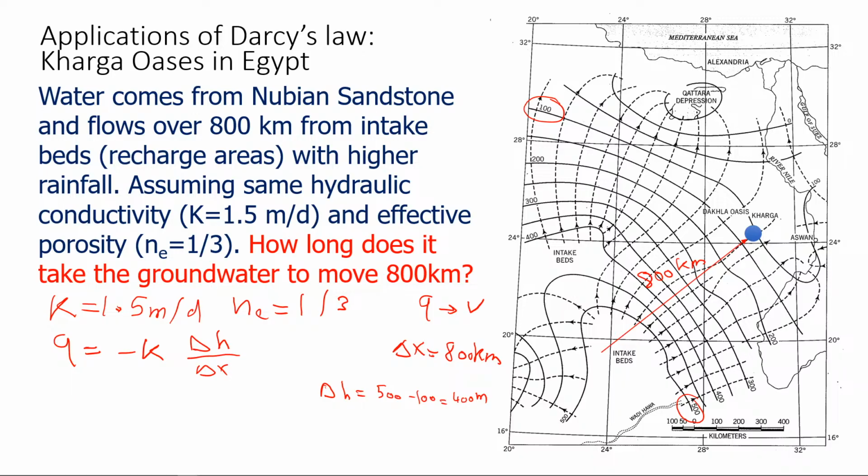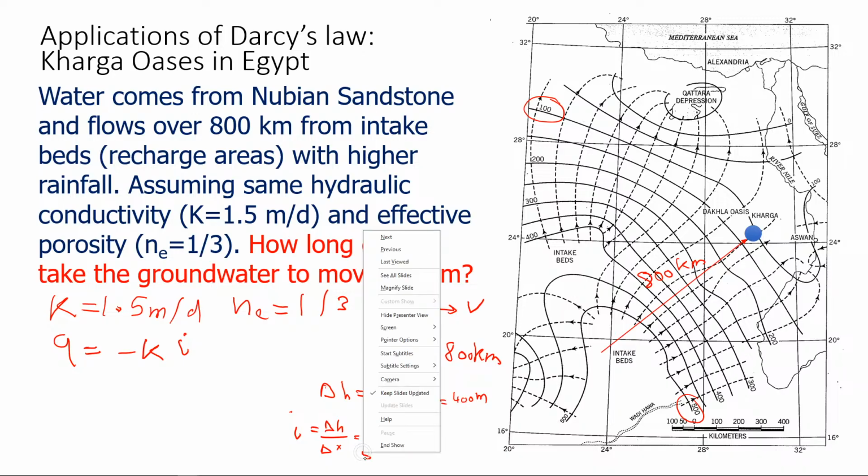Let's just make it I. So I is equal to delta H over delta X. Delta H is 400 meters.